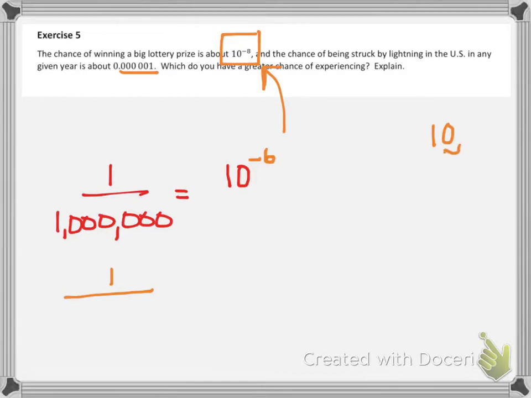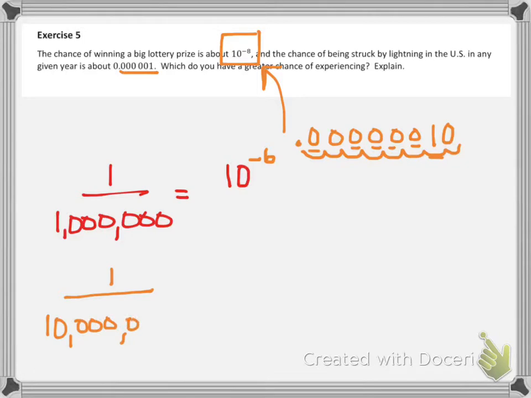So 1, 2, 3, 4, 5, 6, 7, 8. My decimal would be here. These would be zeros. So we have tenths, hundredths, thousandths, ten thousandths, hundred thousandths, millionths, ten millionths. So this would be 1 in 10 million. So not a great chance there.